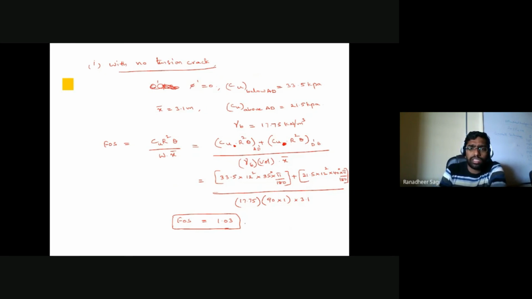So this also says that the slope is critically stable only, because it is approximately equal to 1. But because of the tension crack that got developed, your slope is no more going to be stable, and the slope is said to be undergoing failure.